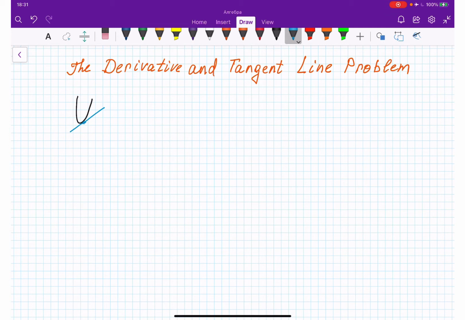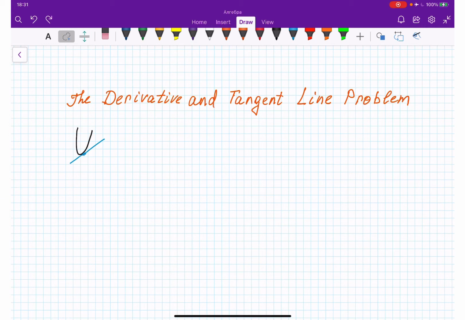Okay, so let me show you a couple of examples of tangent lines. If I have such a curve and I have such a line, now this is a tangent line, at this point that it touches.